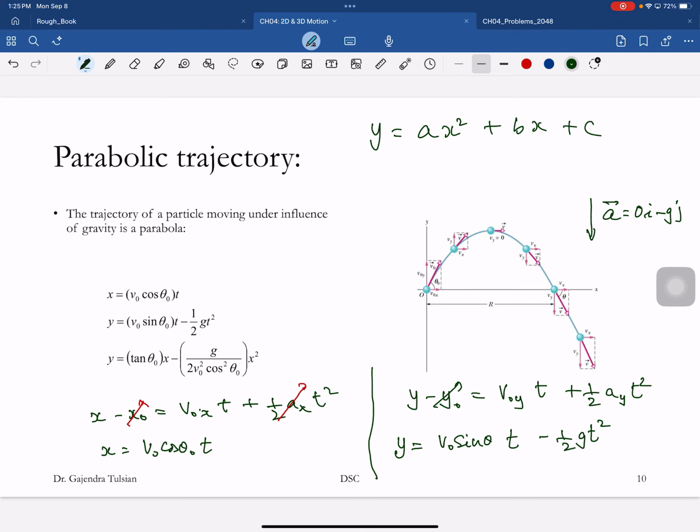What we're going to do is solve for t from here. t is x divided by v naught cosine theta naught, and we're going to plug it in here. So y is v naught sine theta naught times x over v naught cosine theta naught, minus 1/2 g x squared over v naught squared cosine squared theta naught.